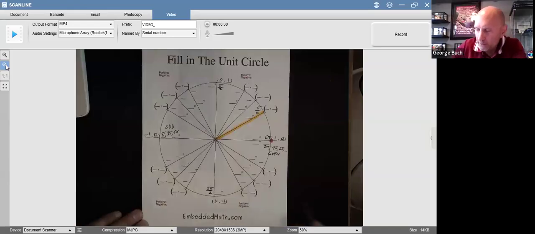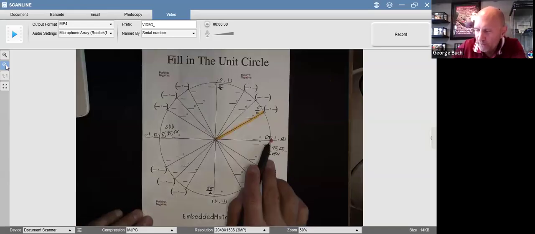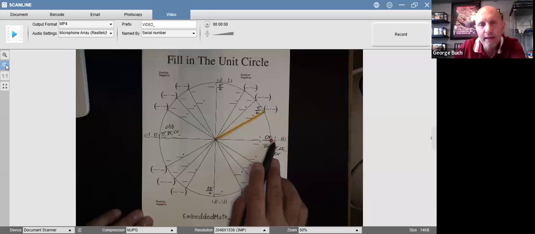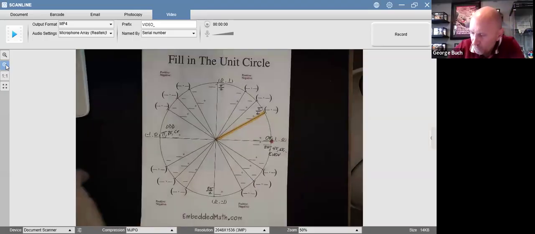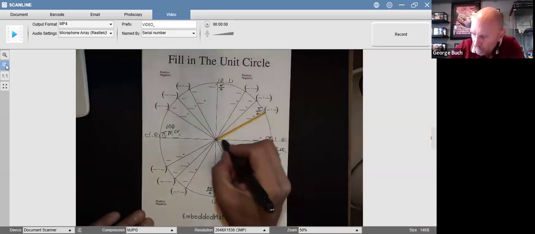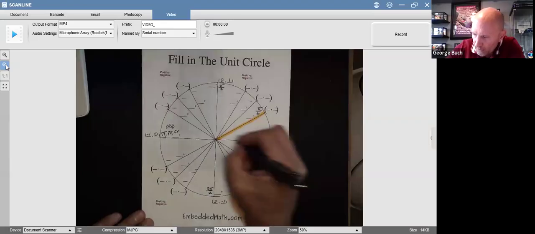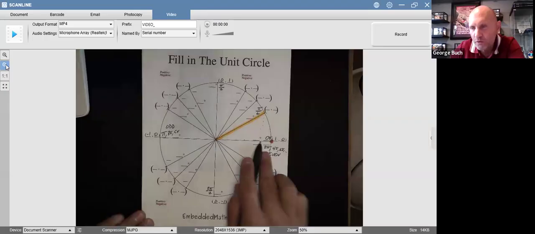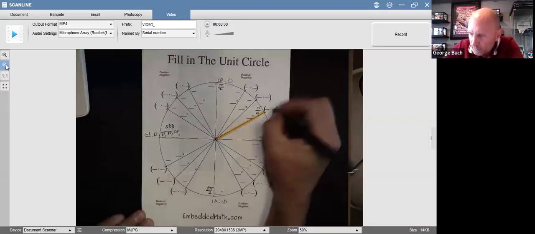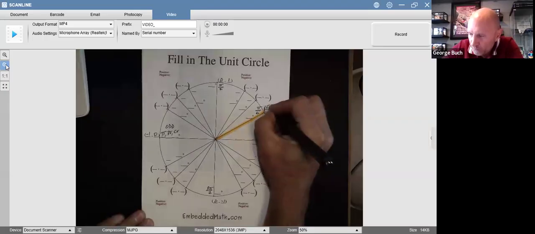Now over here, the coordinate is easy enough, 1, 0, because we're right on the axis. But this one's a little trickier. But if I drew a triangle that came over to the right and came up to this guy, the distance that I would move to the right is a distance of square root of 3 over 2.